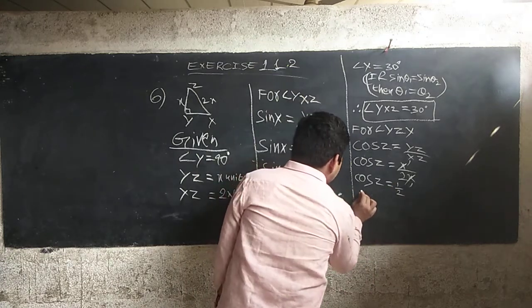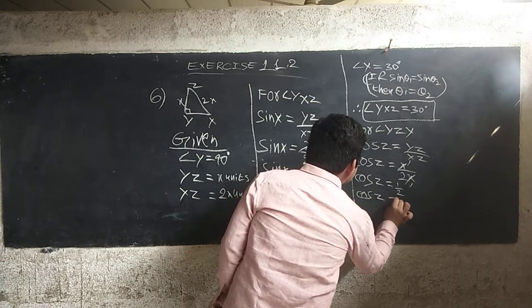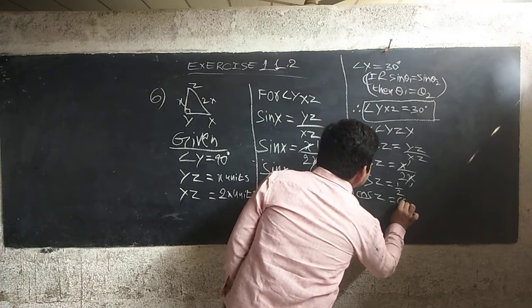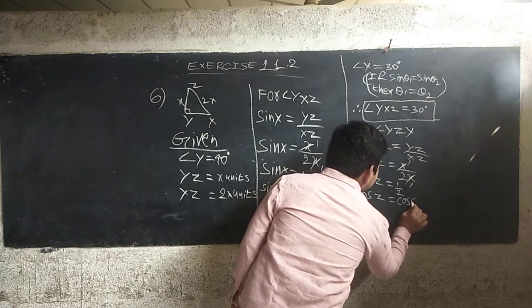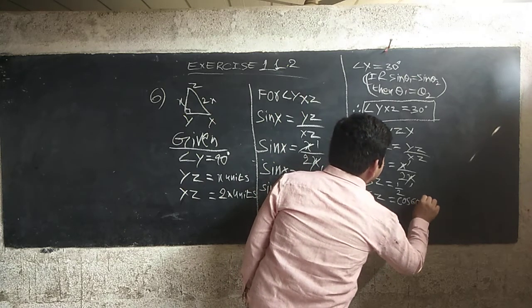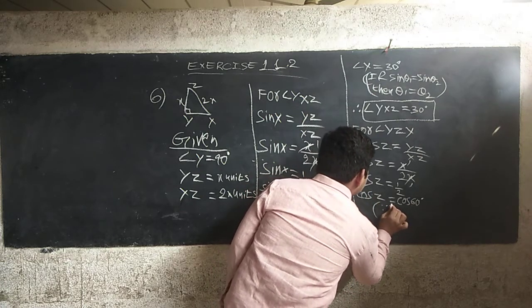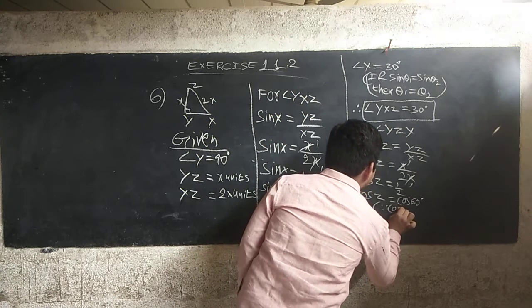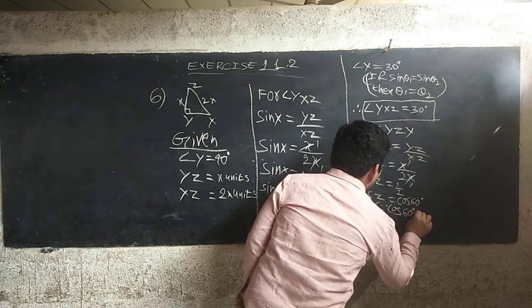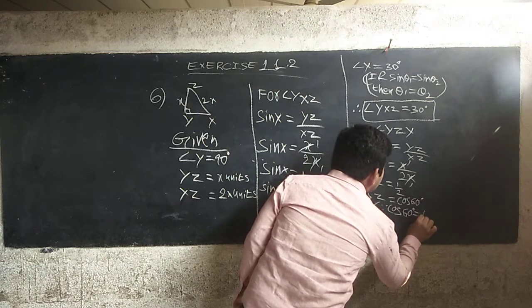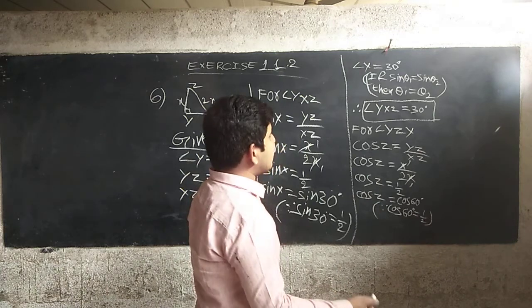Now cos z equals cos 60 degrees, since cos 60 degrees equals 1 by 2.